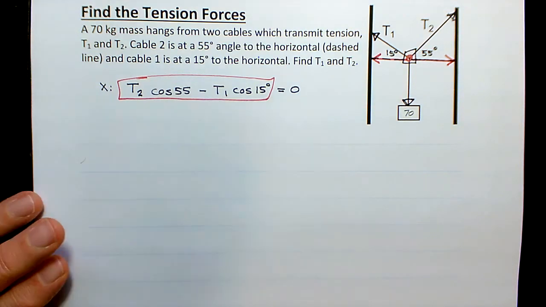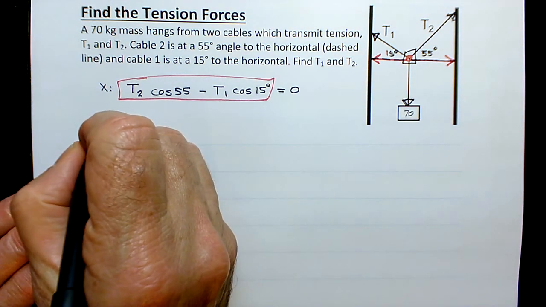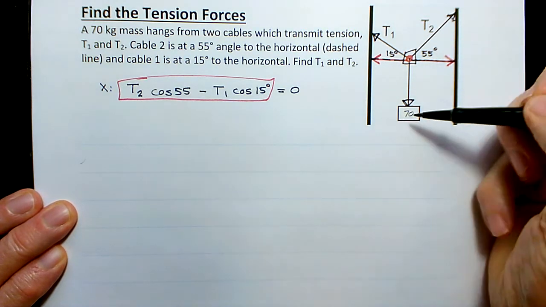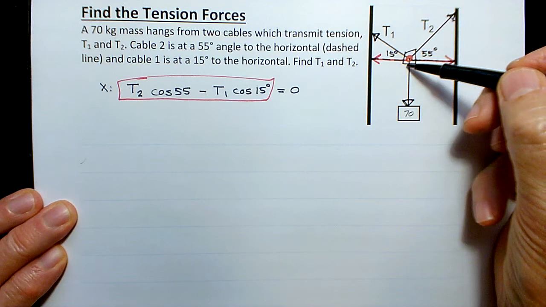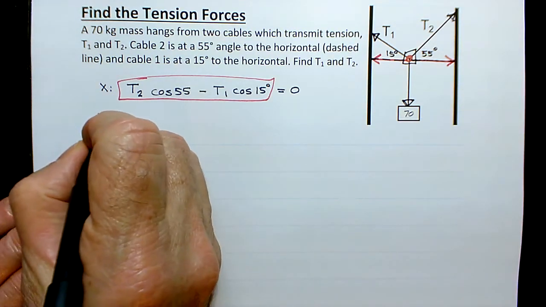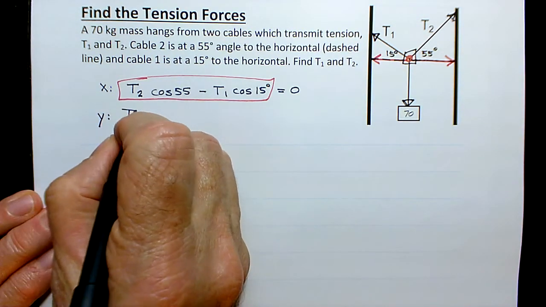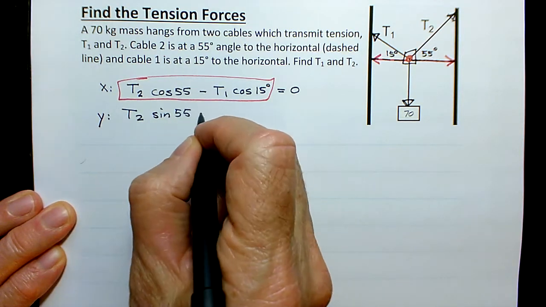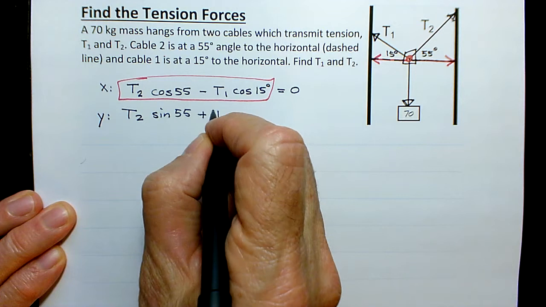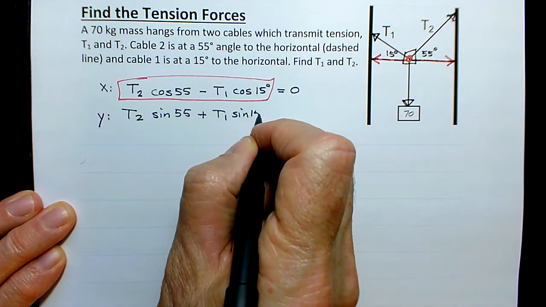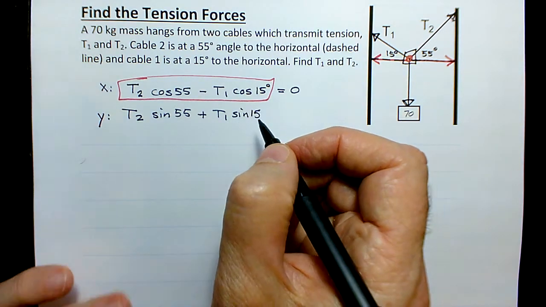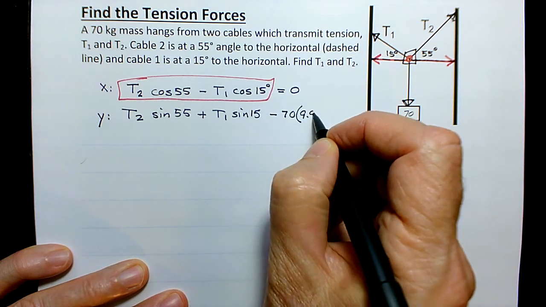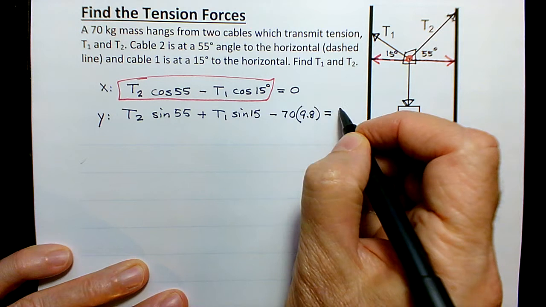Alright, so the y components, there are actually three components in the y direction because there is one from T1 and T2, tension 1, tension 2, and also this one right here. Alright, so the y components are going to be T2 sine 55 plus T1 sine 15 degrees minus 70 times the local gravity equals 0.